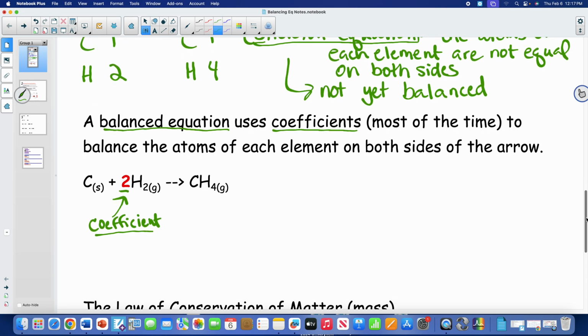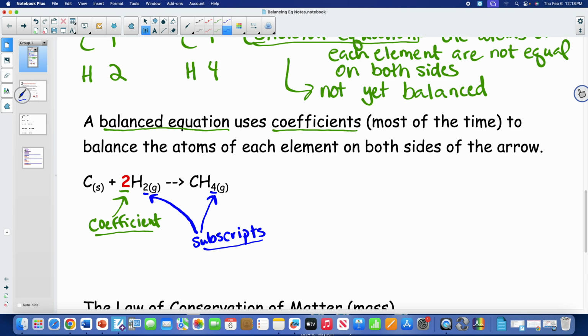Okay, and then what are these numbers called? Subscripts. Good. Okay, what does the subscript tell me? So if I have H2, what does that 2 tell me?